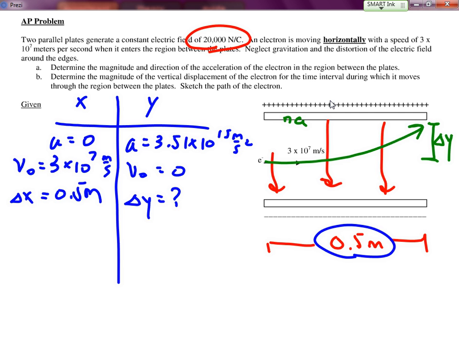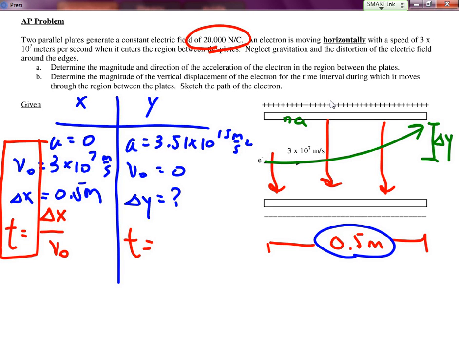Well, in this case, because it is basically like the cliff problem, we know that the time on the y-axis will equal the time on the x-axis. Can't use the y-axis to solve for time because we don't know what delta y is. However, we do have enough information on the x-axis. As v bar is basically equal to delta x over t, t will equal delta x over the initial velocity.